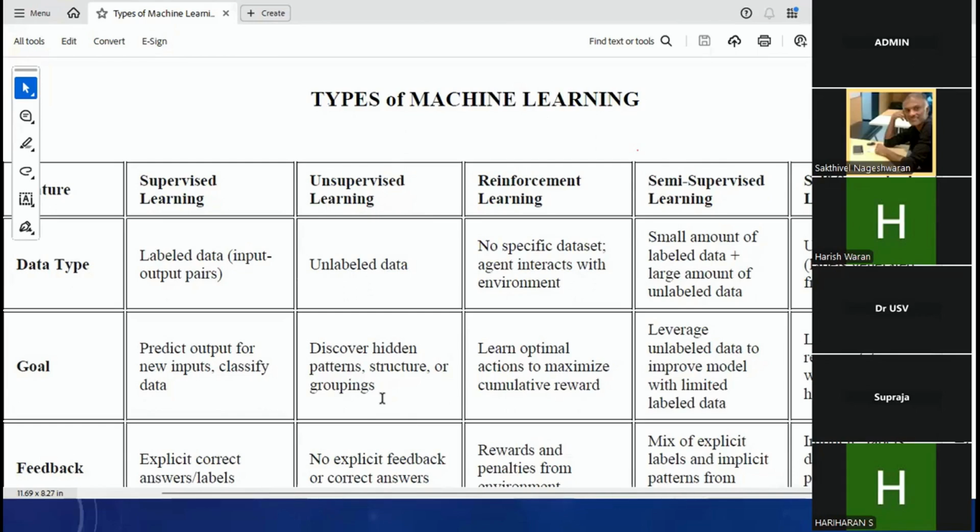And when I come to unsupervised, it is unlabeled data; we may not know the exact data name. So this is unsupervised. And reinforcement has no specific data set. This is called an agent. Normally they say we have to write an algorithm for an agent. They are creating an agent, and we are developing the agent to be an agent learner, mainly used for optimal decision.